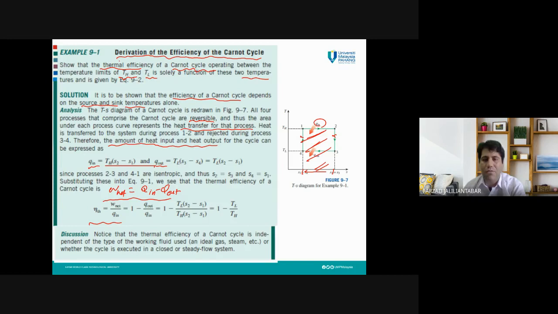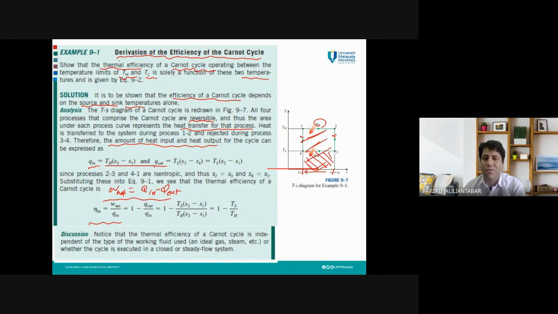How about Q out? Q out is the area under this process, so we only need to calculate this area. Sorry about this part, the problem with my pen sometimes happens. So this area needs to be calculated as Q out.